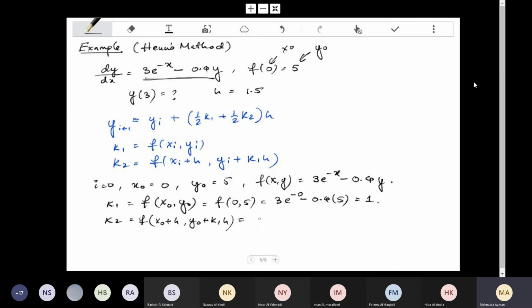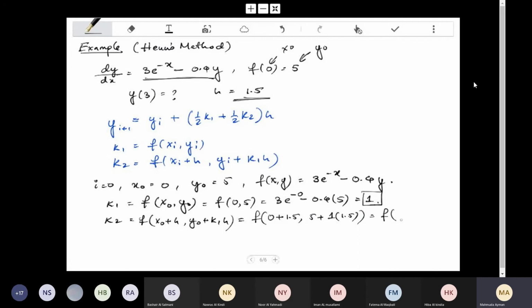So we have x0 is 0 plus h, which is given to us as 1.5, comma y0 is 5 plus k1, the value that we just found was 1, times h, which is 1.5.